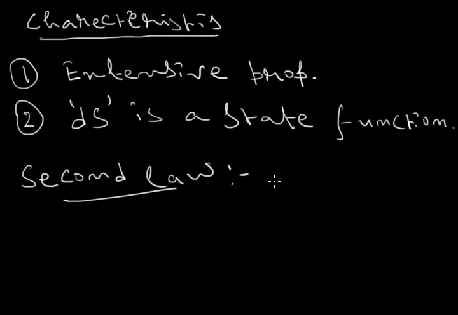The entropy change of the universe gradually increases and it tends to maximize. This is the second law of thermodynamics. A very important concept of thermodynamics is entropy. And in terms of the second law, we can state that for the universe, the entropy gradually increases and it tends to maximize.